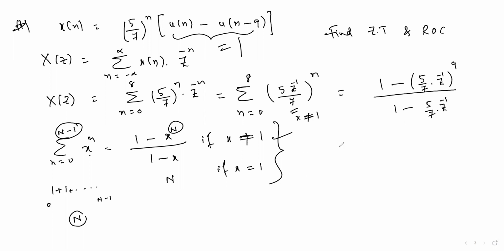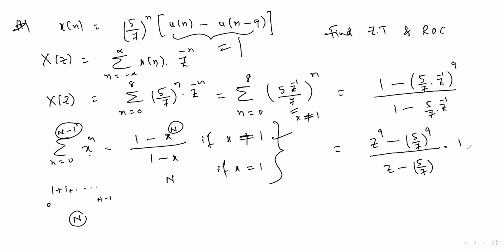Further we can write it as 1 by z to the power of 9. Taking z to the power of 9 on this side, z to the power of 9 minus 5 by 7 whole to the power of 9 divided by z minus 5 by 7.